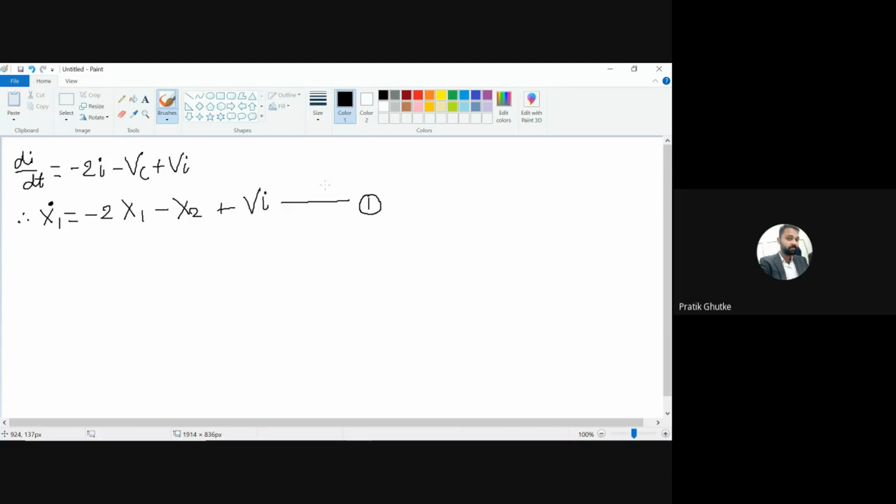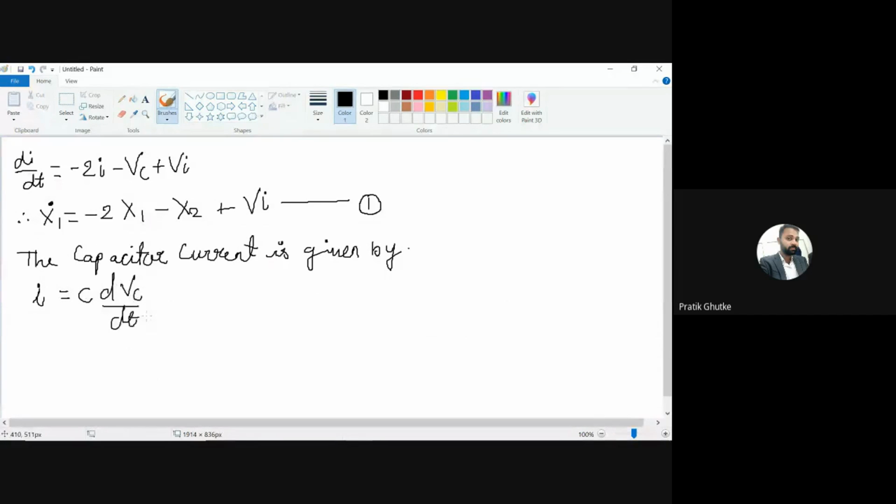The capacitor current is given by I equals C dv by dt.